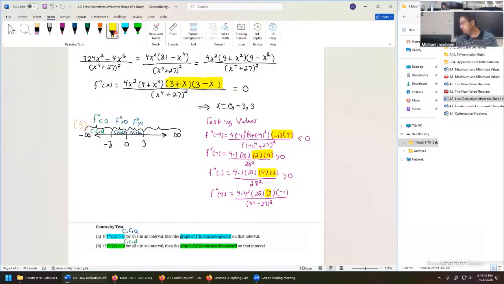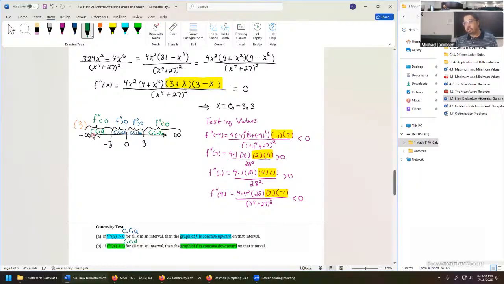Forgot to highlight those two. But once again, this is the only part of the function that can cause a switch in the sign. And we have a negative sign in there. The whole thing is now negative. So that matches the prediction. F double prime in this region is less than 0, which means concave down.